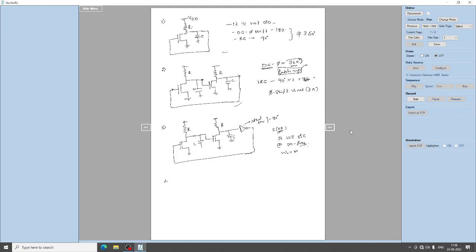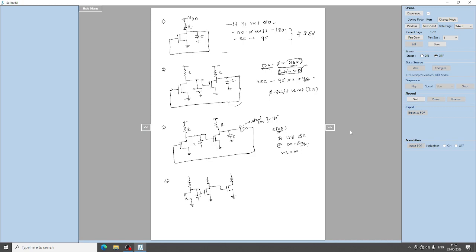So we will have another circuit where we have an additional common source stage.